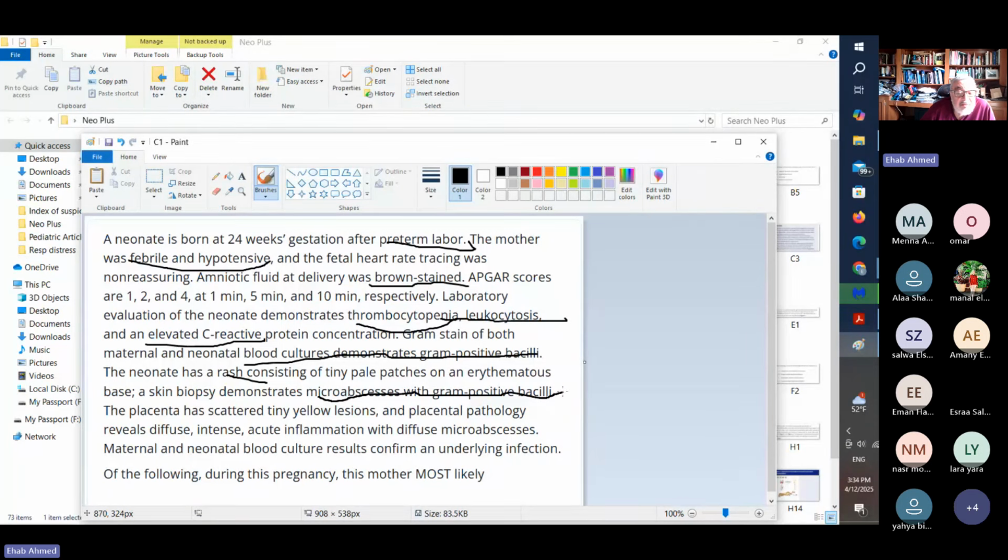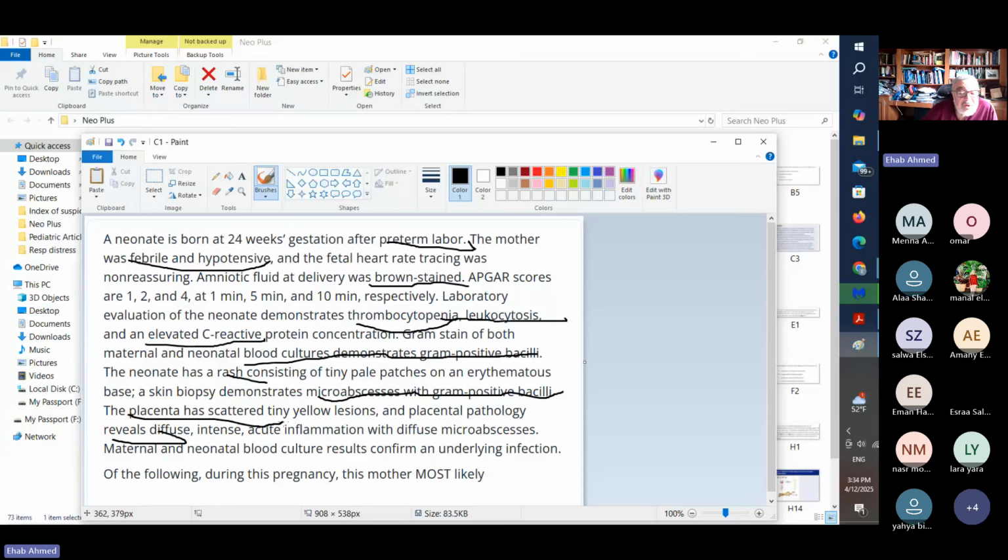Placenta had... usually for each and every preterm baby, or when you suspect that mom had infection, the placenta should be sent to pathology.